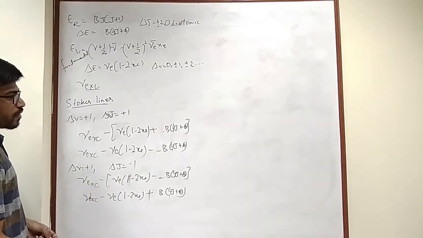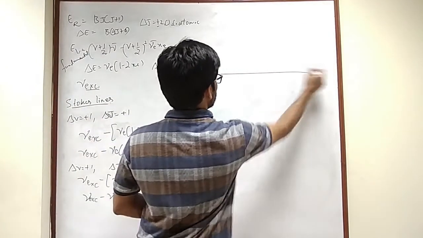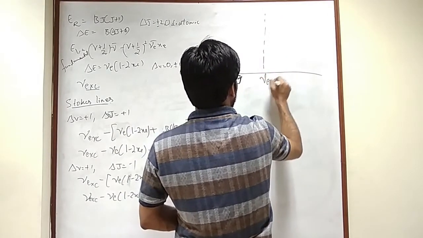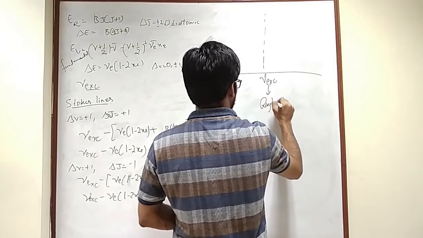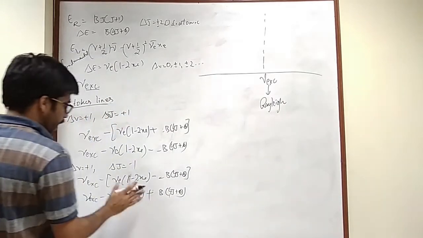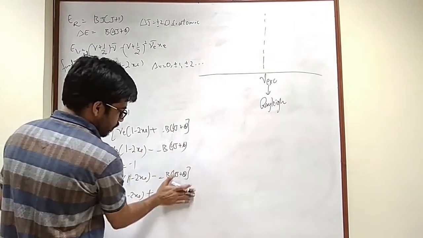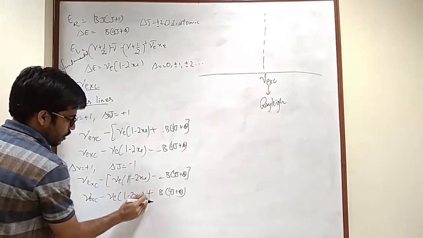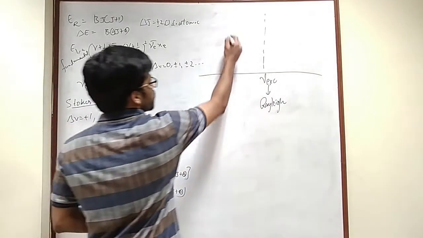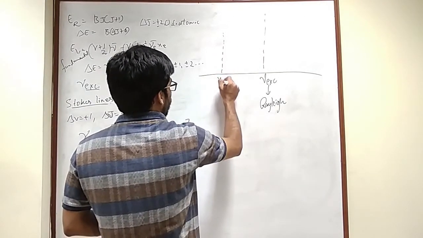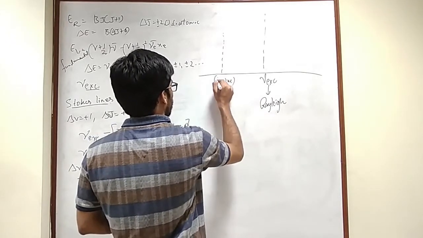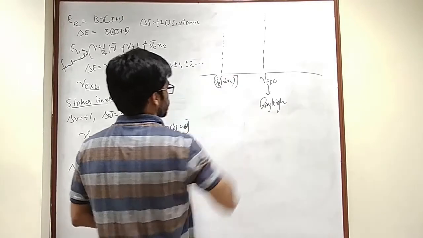So how do you get the spectrum now? Suppose you have a spectrum in which this is your mu excitation or Rayleigh line for delta V equals 0. Forgetting the rotational part for now, you have the vibrational part, so you have mu e minus 2xe.